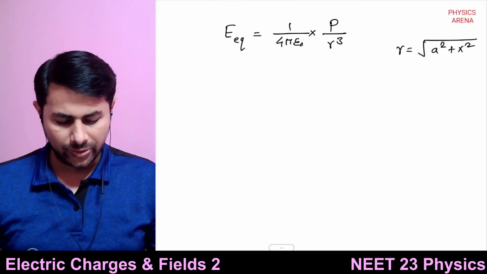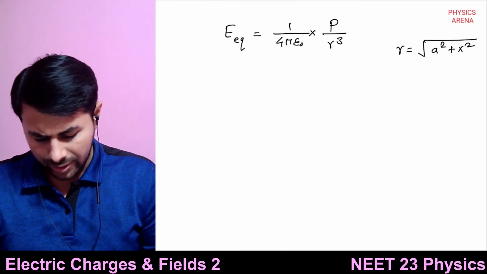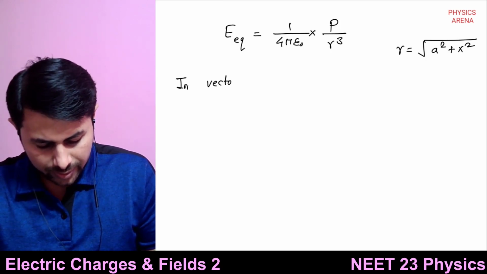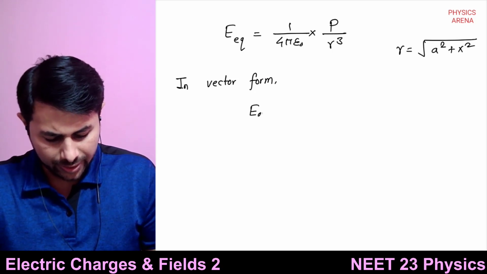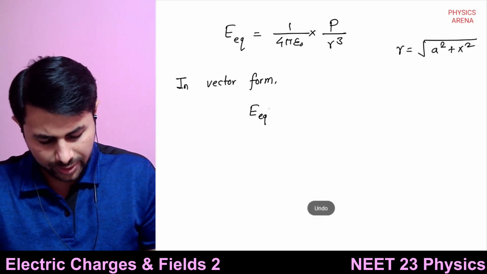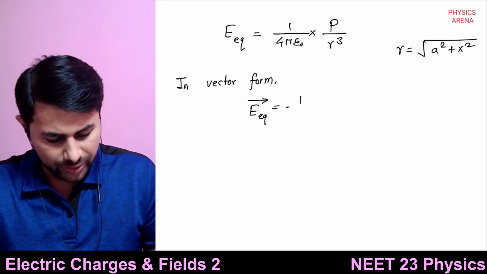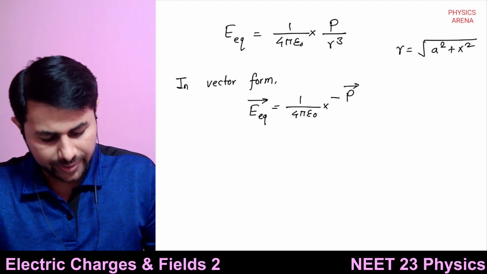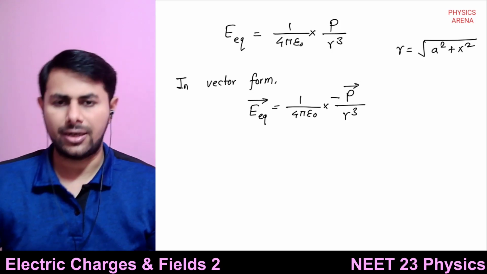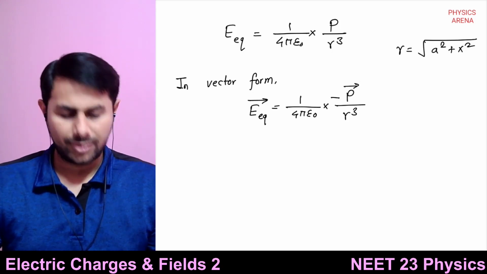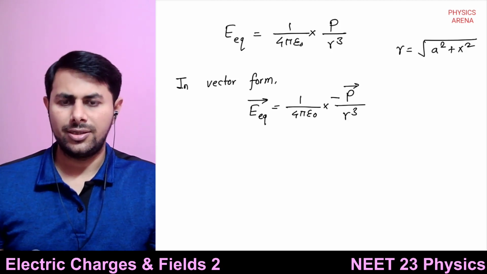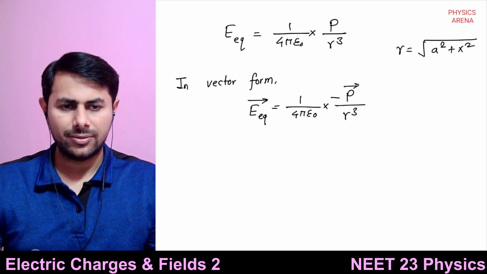So if I want to write it in vector form, the electric field along the equator, E equatorial bar, is equal to 1 upon 4 pi epsilon naught times minus P bar divided by R cube. Is it clear till this point?